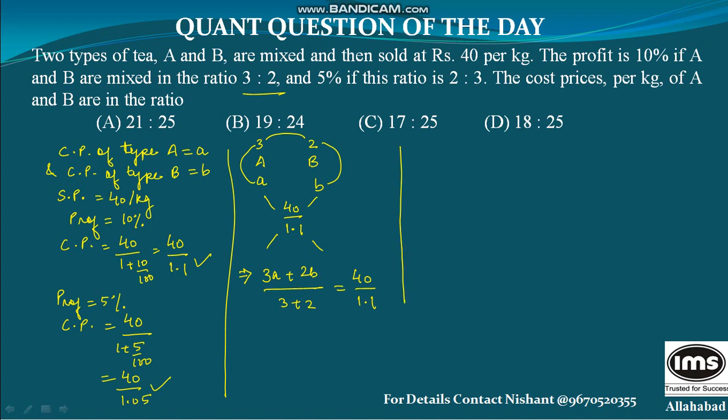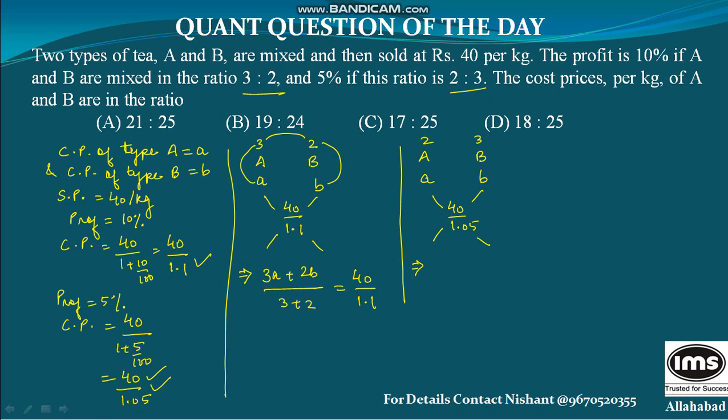Similarly, if we make alligation for the second case, price of A is small a and price of B is small b. Ratio is 2 is to 3, so this is 2, this is 3. And the cost price of mixture will be 40 by 1.05. So this is the alligation that we need.